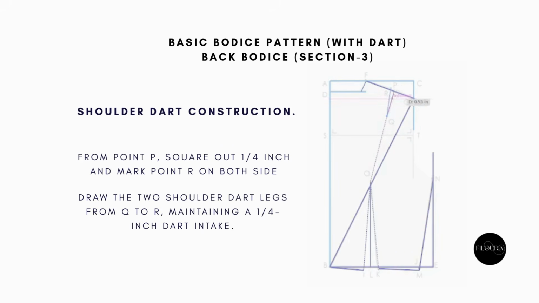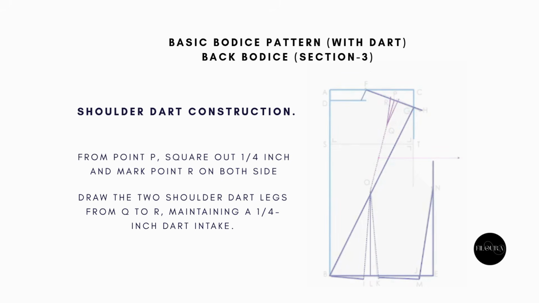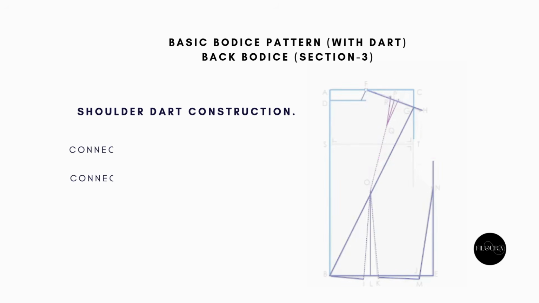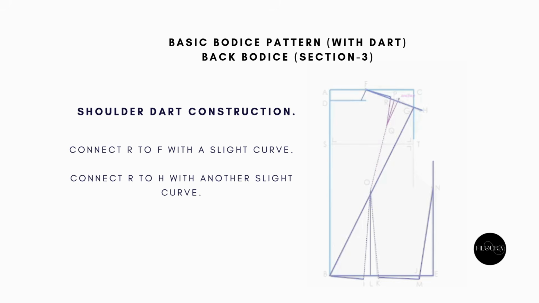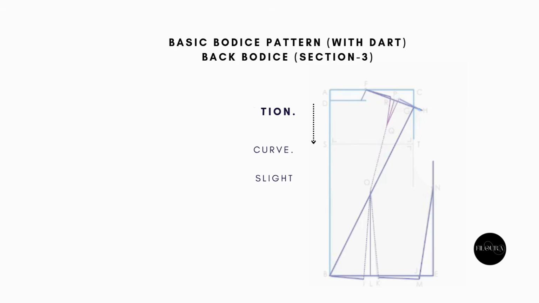Draw the two shoulder dart legs from Q to R, maintaining a 1/8 inch dart intake. Then connect R to F with a slight curve. Similarly, connect R to H with another slight curve. Now mark D to S, 1/4 of B to D measurement.